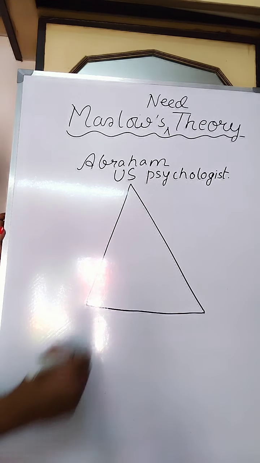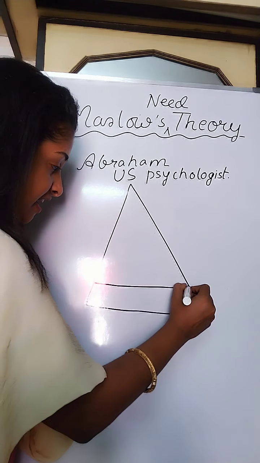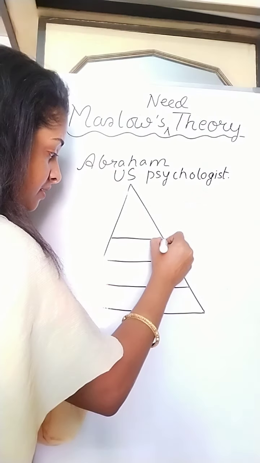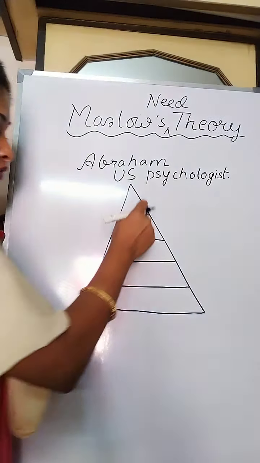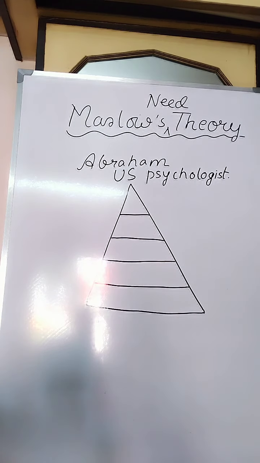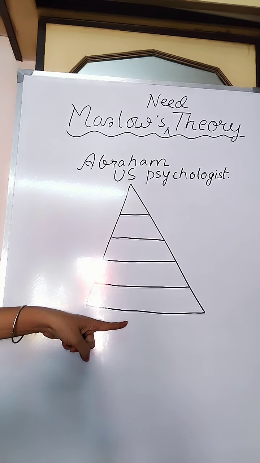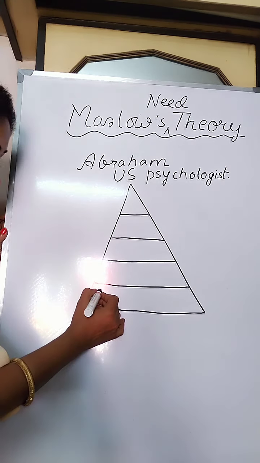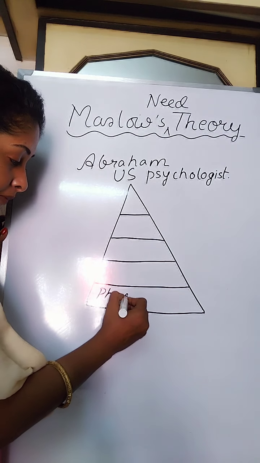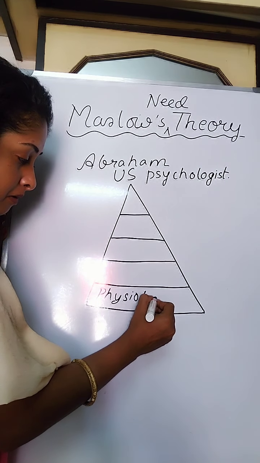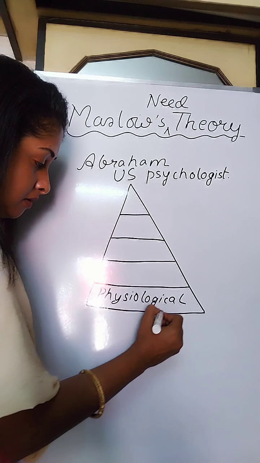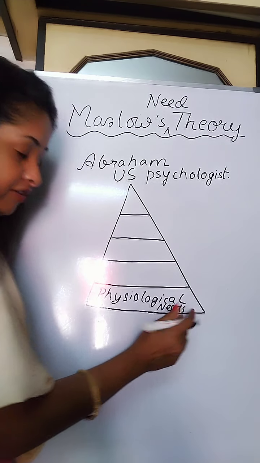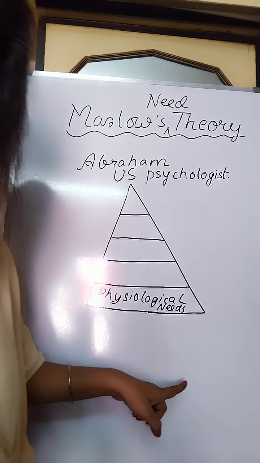Here at the basic level, he has categorized the needs into 5 different groups. As you can see, there are 5 stages in this hierarchy. In these 5 stages, the first and the most basic is the physiological needs. This is the first basic need, physiological needs.